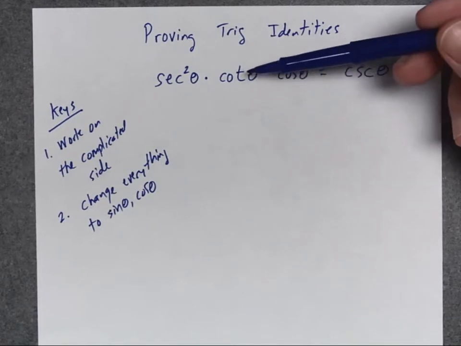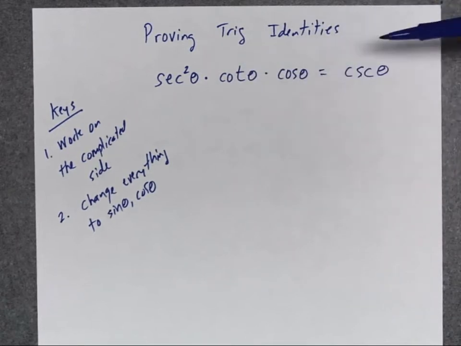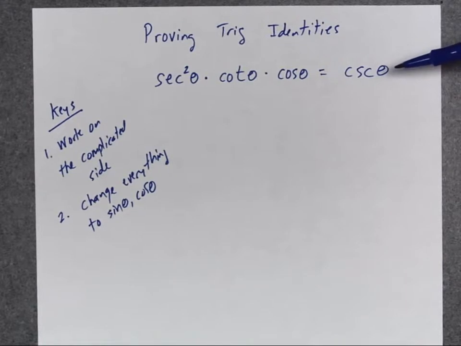Now normally you don't want to work on both sides, but in this case I'm going to change the cosecant and then leave it, because then I have my target or my goal in mind, and it's going to be either a sine or a cosine. So that's the one reason why I'll go ahead and change this right-hand side.